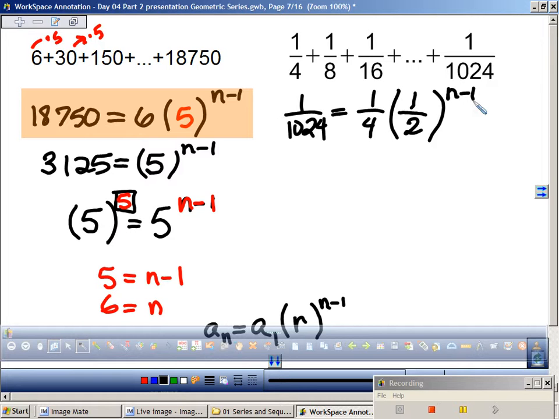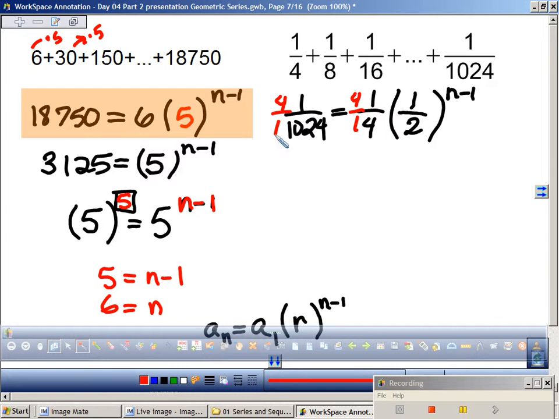Do you want me to keep going? You guys want to try it? What's the next step, class? Yeah, let's get rid of the 1/4 together. If I want to get rid of it, I would do the inverse, which is 4 over 1.